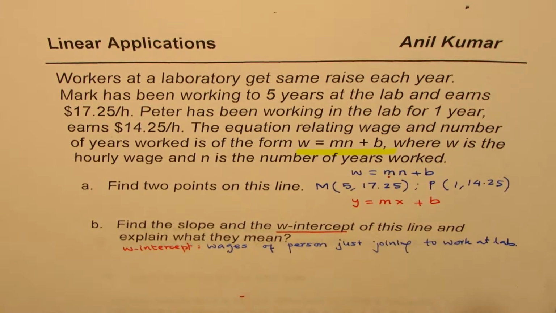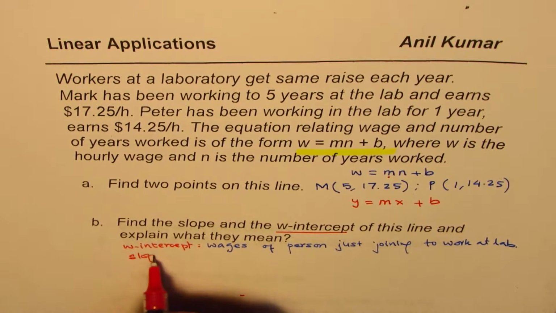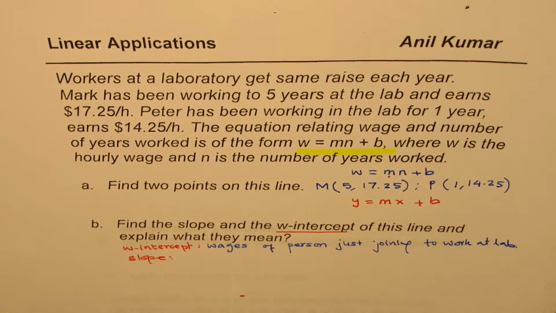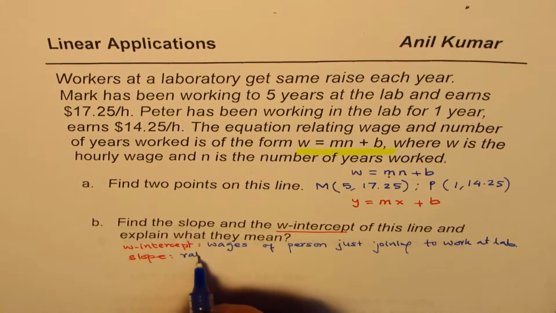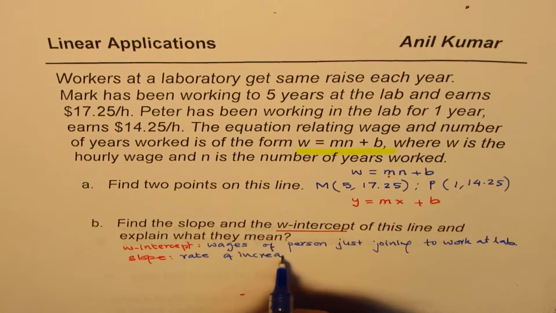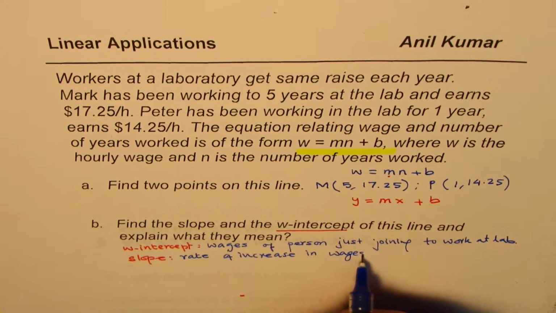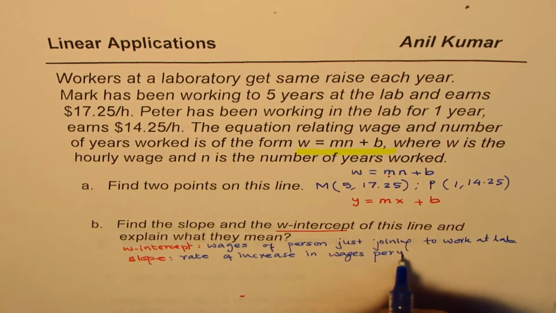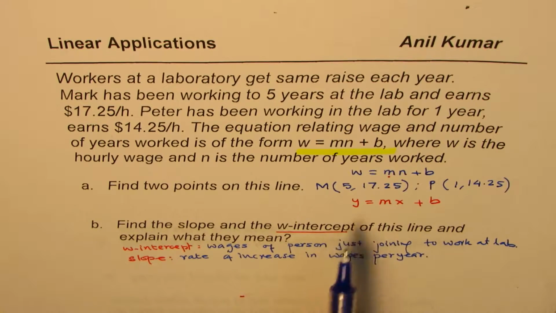Slope is m, so in this case slope will represent the rate of increase in wages per year. That is how you could explain these terms, and now let us see how to find them.